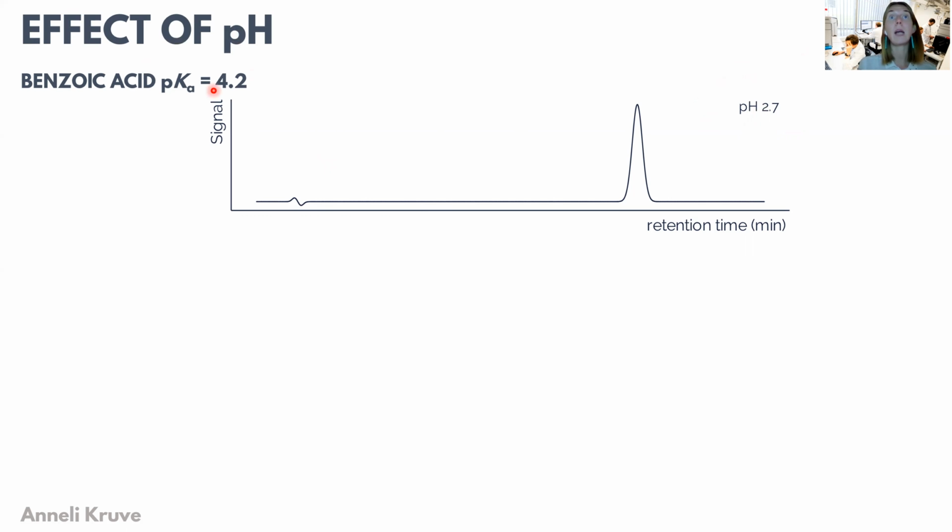Benzoic acid has a pKa of 4.2. I would now like you to think for a few seconds, in what form is benzoic acid predominantly at pH 2.7? Is it the neutral form or the anionic form?